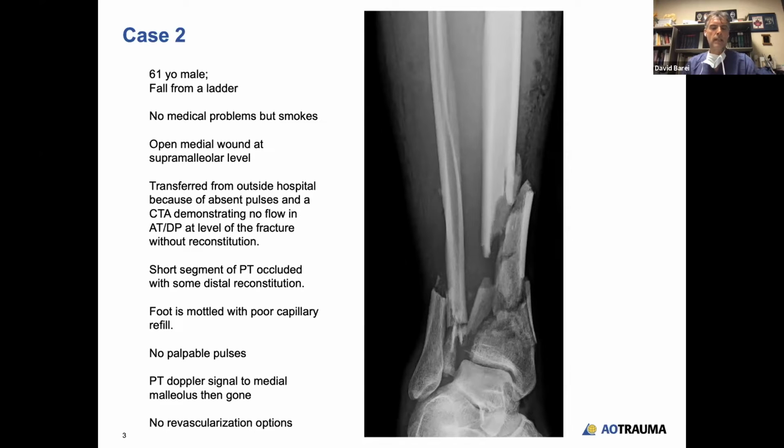He's got a part of his posterior tib occluded, and his foot is a little bit mottled and purple with poor capillary refill. He comes to us with no real good palpable pulses and a small posterior tibial Doppler signal. And the vascular surgeons say there are no revascularization options for this person.